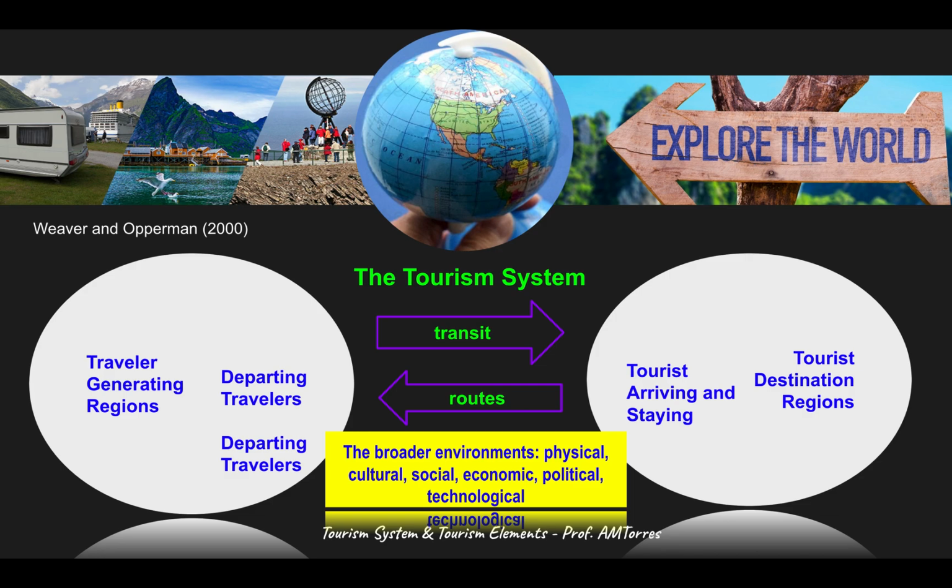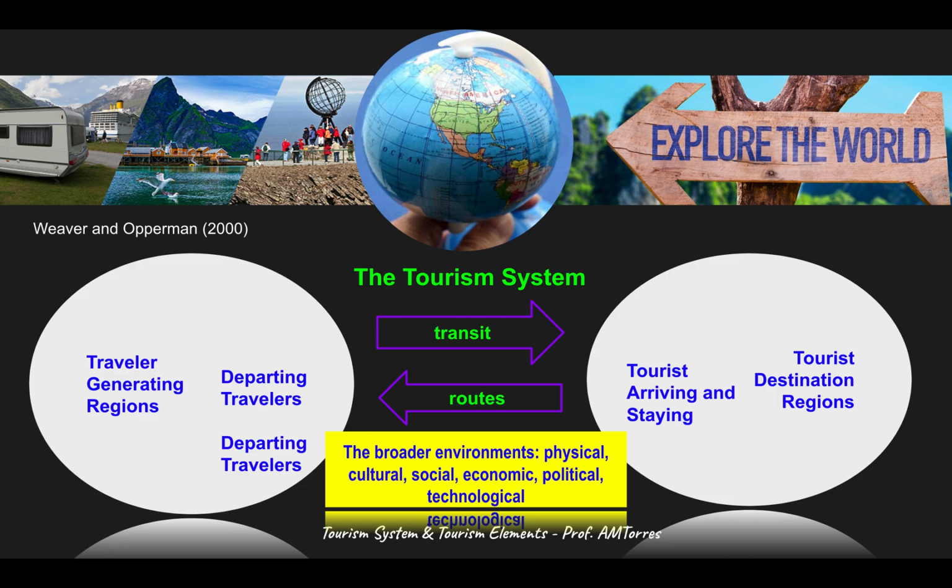If you remember, I previously said that within the transit route region is an opportunity to do a tourism activity. So this traveler generating region, if we imagine, can possibly be the transit route.